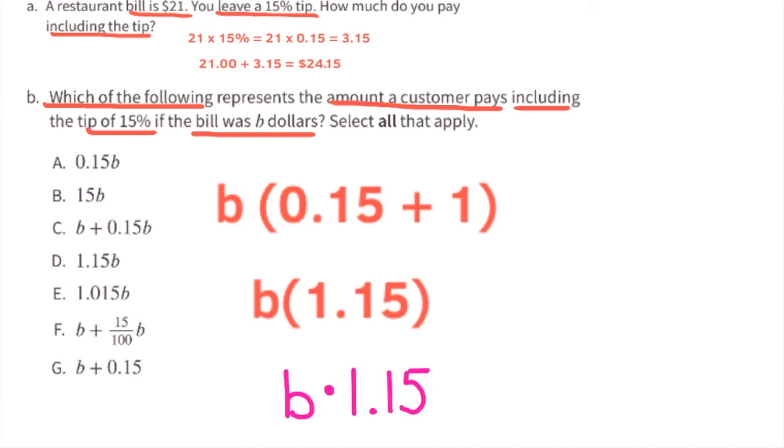Since 0.15 plus 1 is 1.15, we can write this as B times 1.15. The order doesn't matter. We can multiply 1.15 times B, and it has the same value. This is a match with D. The only matches are C, D, and F.